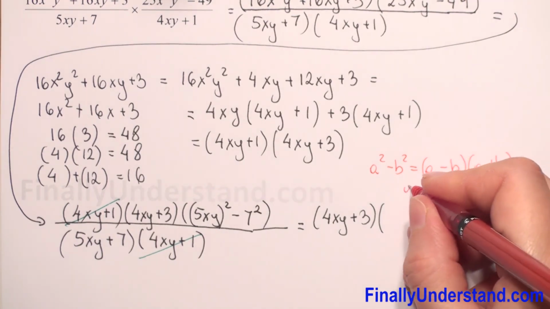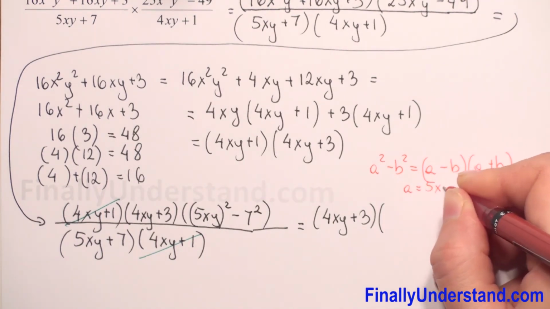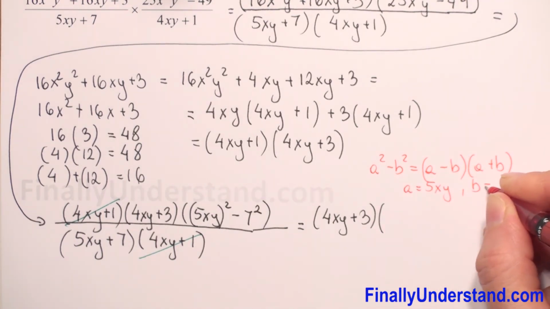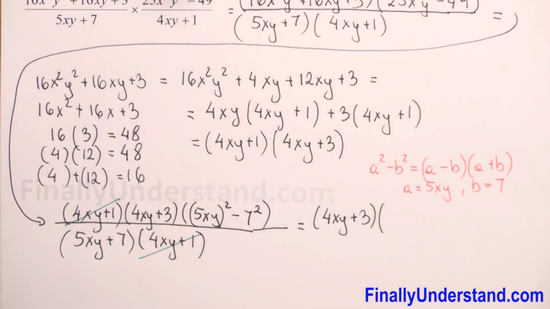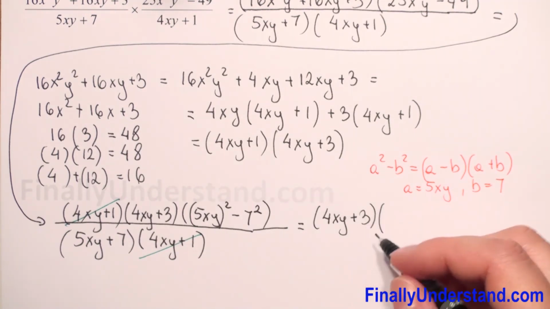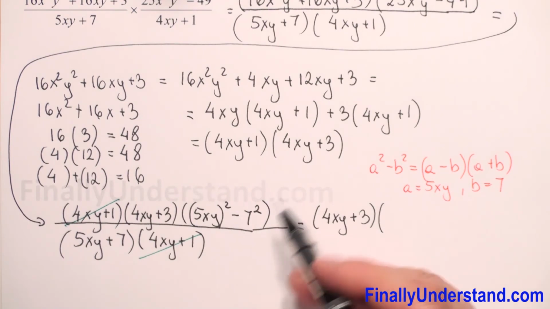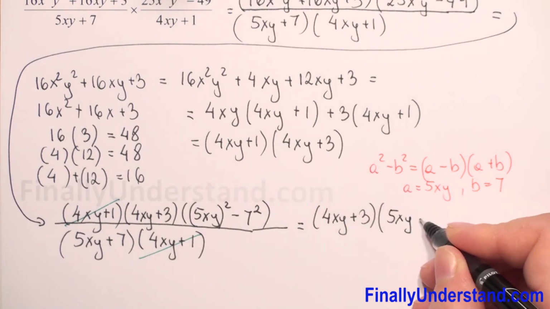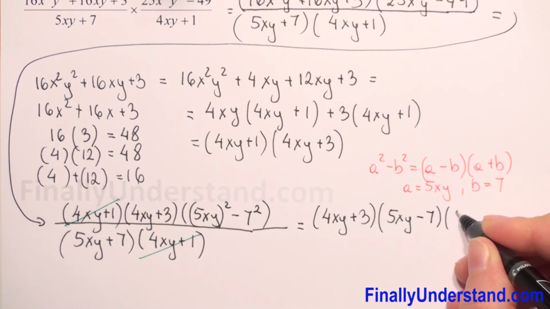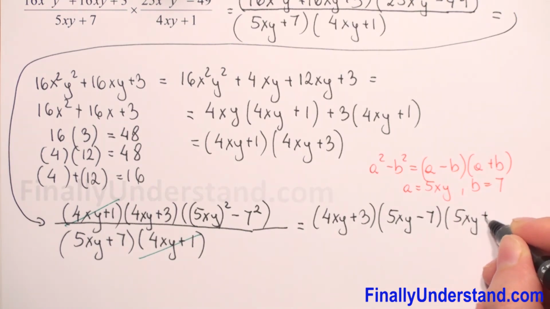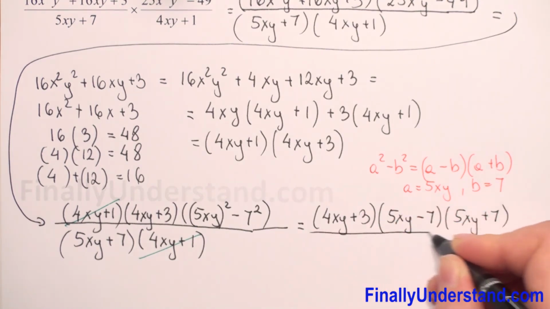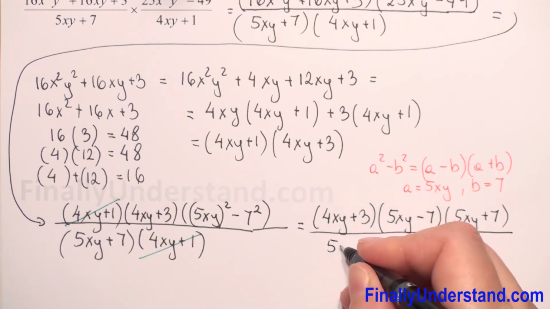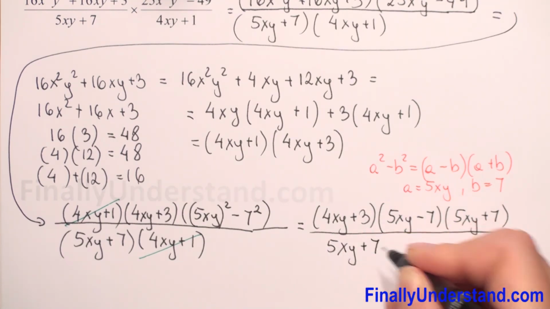In our example, a is equal to 5xy and b is equal to 7. So we can rewrite our expression in parentheses. That will be 5xy minus 7 times 5xy plus 7 over, we have 5xy plus 7.